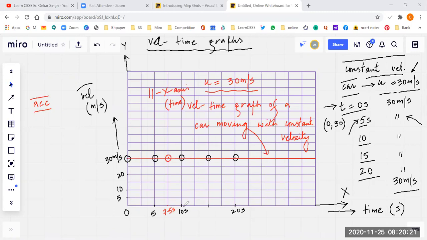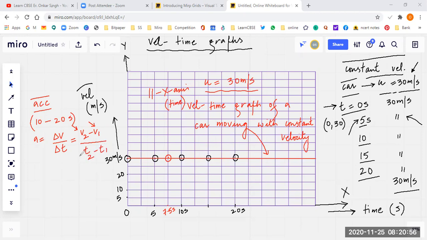Students, let us try to find the acceleration between the time interval 10 to 20 seconds. Acceleration is equal to delta V by delta T, that is, V2 minus V1, where V2 is the final velocity and V1 is the initial velocity, divided by T2 minus T1.